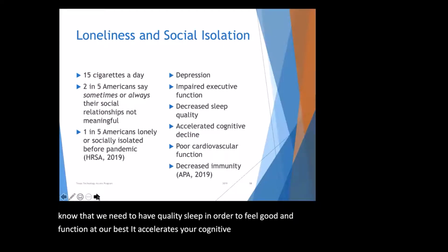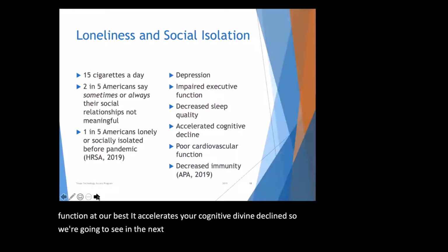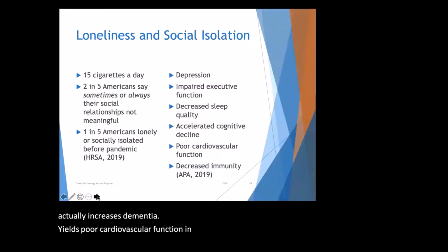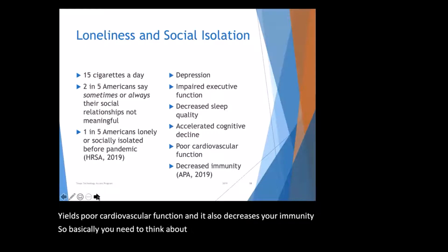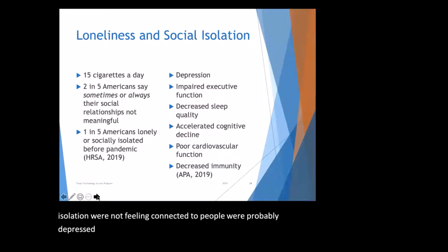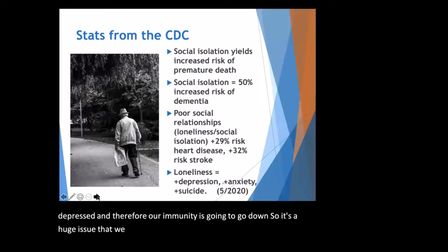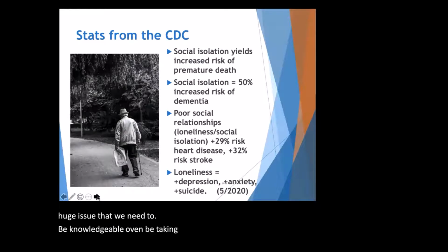So we're going to see in the next slide how loneliness and social isolation actually increases dementia. It yields poor cardiovascular function, and it also decreases your immunity. So basically, if we're not feeling connected to people, we're probably depressed, and therefore our immunity is going to go down. So it's a huge issue that we need to be knowledgeable of and be taking active steps against it.